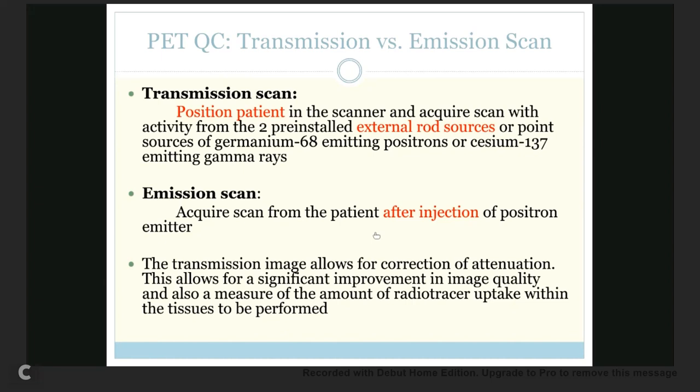Then you have your emission scan, which acquires the scan from the patient after you inject them with positron emitters, and the transmission image allows for the correction of attenuation. All right. This allows for a significant improvement in image quality and also a measurement of the amount of radiotracer uptake within the tissues to be performed.